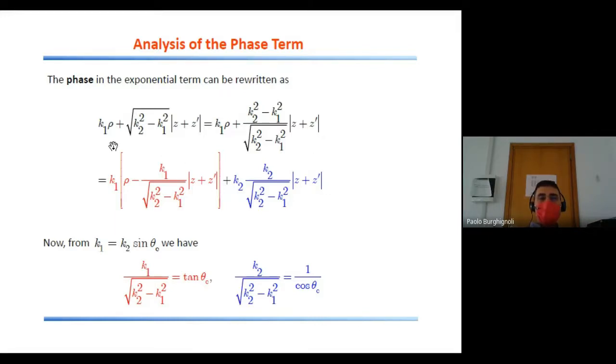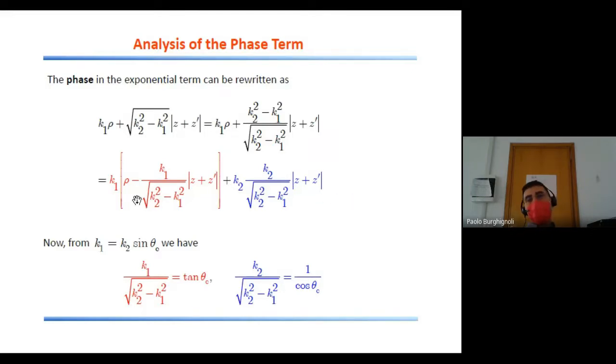In the first term, in red here, we have factored out k1, the wave number of vacuum, and what remains is rho minus k1 divided by the square root of the difference of the squares of the wave numbers times the absolute value of z plus z prime. In blue, you can see the other term, which is k2 times k2 divided by the square root, and again, the absolute value of z plus z prime.